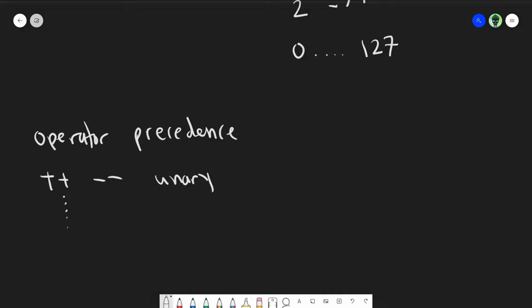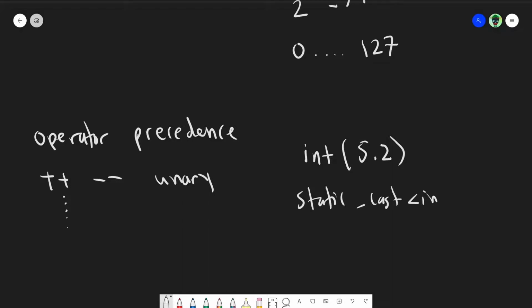For example, in class I would always just do int 5.2, but I think in the book they use static_cast<int>(5.2), same idea, but typecasting in general. That means you convert from one type to the other. So go through your quizzes for that. That's about all there is over there.